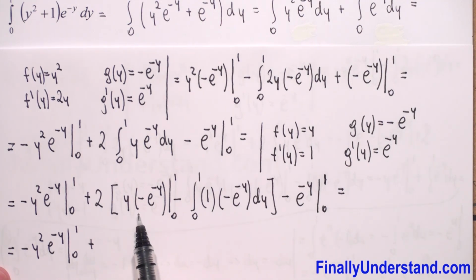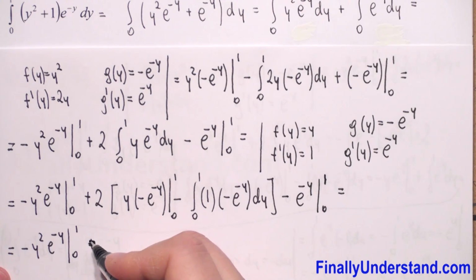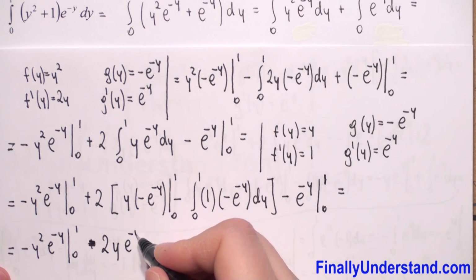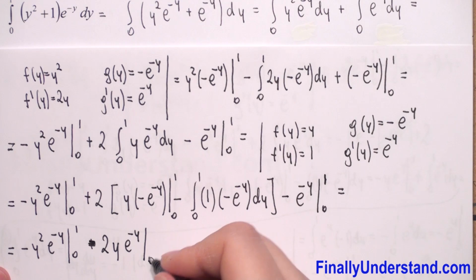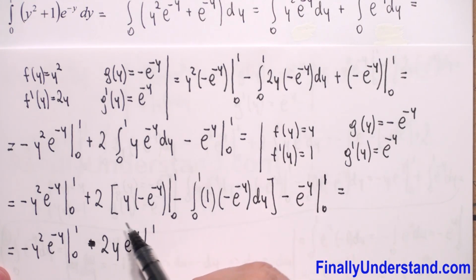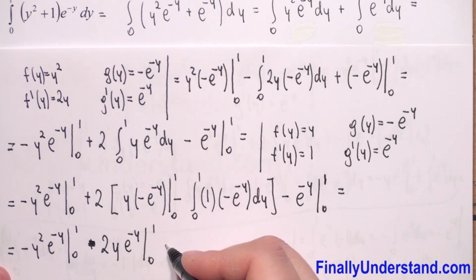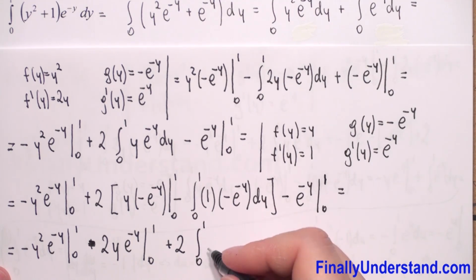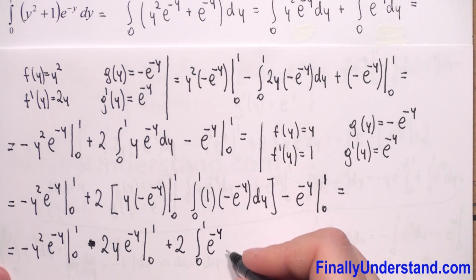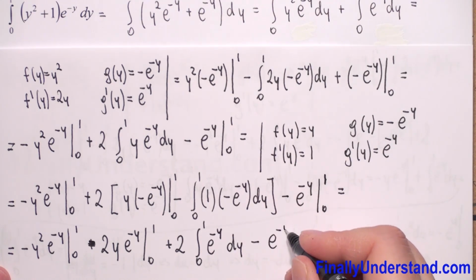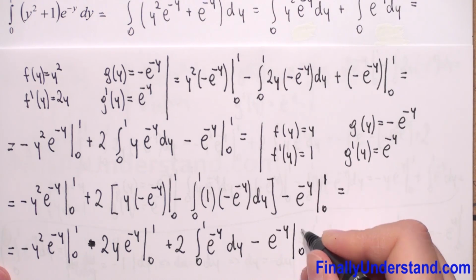We can do this multiplication, so it will be positive times negative, so I have to put here minus 2y e to the power negative y, and we have limits from 0 to 1. Negative and negative give us positive, and we have times 2 positive, so it will be plus 2 times the integral from 0 to 1 of e to the power negative y with respect to y, minus e to the power negative y and limits from 0 to 1.